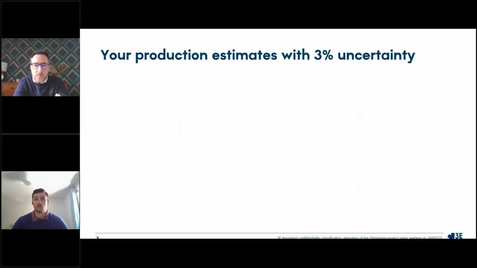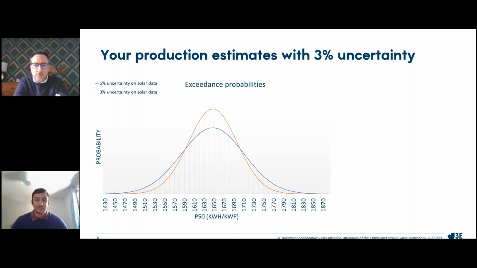Thanks, Greg. So let's see indeed that new calculation of your probability of P90 with our new 3% uncertainty, because we got more accurate solar data here. Let's look at the same plot as earlier on. The blue curve was the old curve, and the orange one is the new curve with our 3% uncertainty on the solar irradiation data.